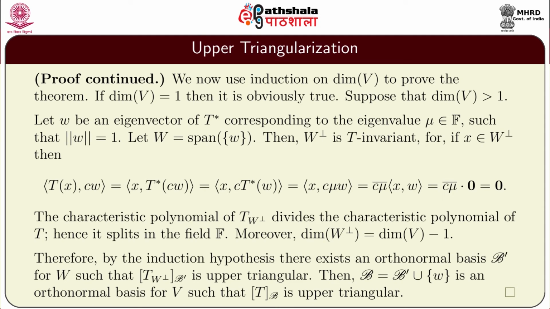Therefore, the induction hypothesis applies and we get an orthonormal basis B' for W perp such that T restricted to W perp with respect to B' is upper triangular. Then B given by B' union singleton w is an orthonormal basis for V such that the matrix representation of T with respect to B is upper triangular.